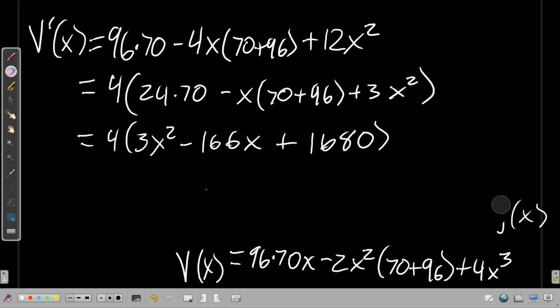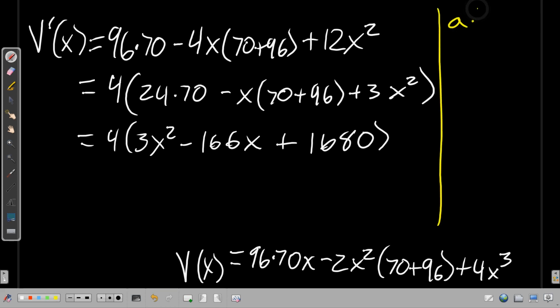Okay, then I will use my strategy that A times B should be equal to 3 times 1680, which is 5040. And then A plus B should be equal to minus 166.